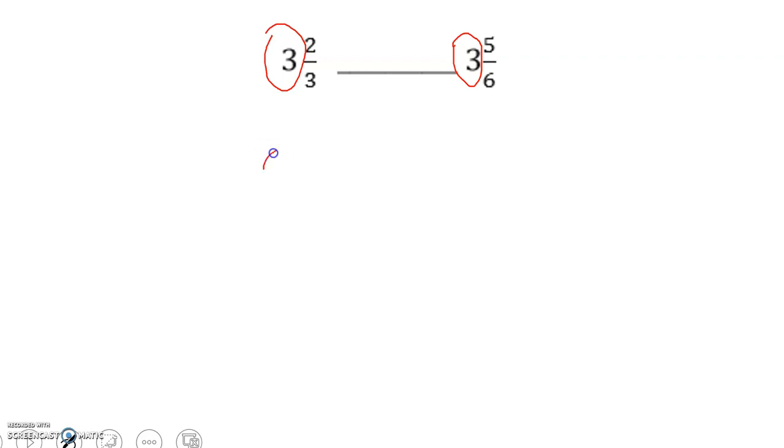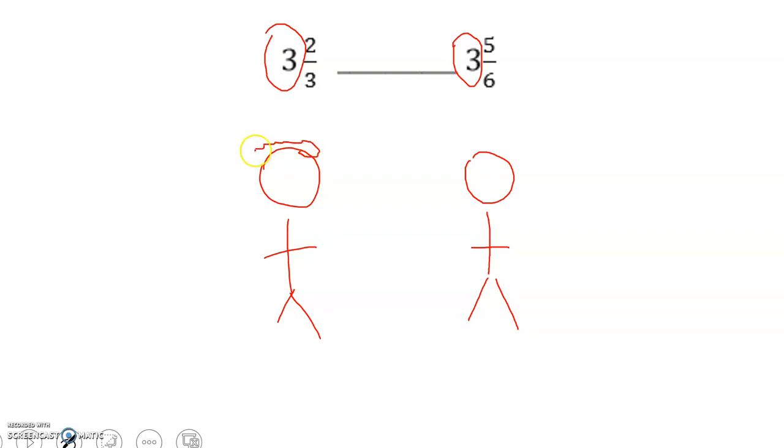Imagine if you had one kid who was 3 feet tall, and another kid who was 3 feet tall, same exact height, but this kid over here went up, let's say his hair went up 2/3 of a foot, and this person over here, their hair went up an extra 5/6 of a foot. Think about that.